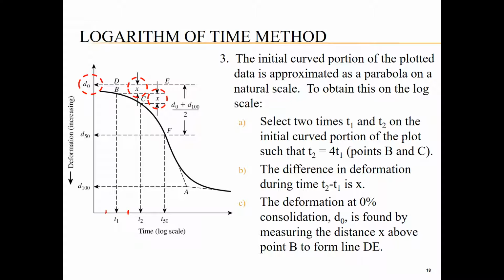If you select T2 here, the T1 will be here, because T2 equals 4 times T1. So it's a very subjective process. It's based on how you select the two points, but you have to satisfy this relationship.